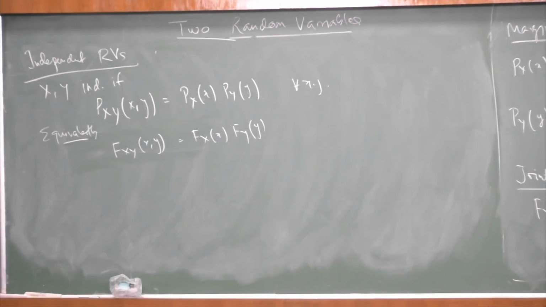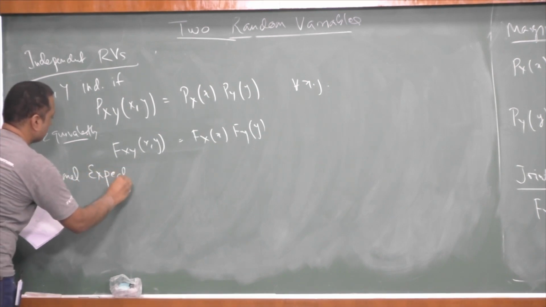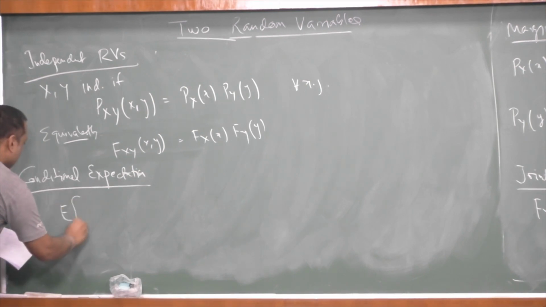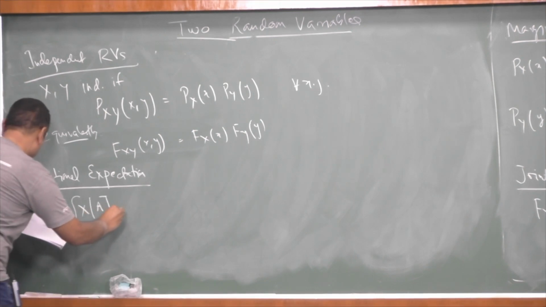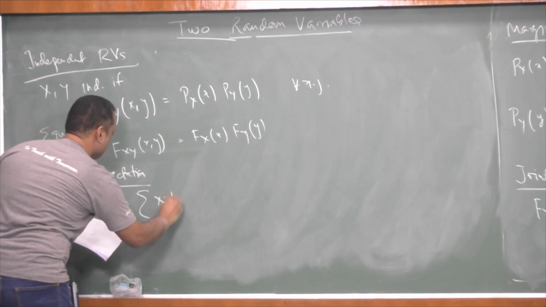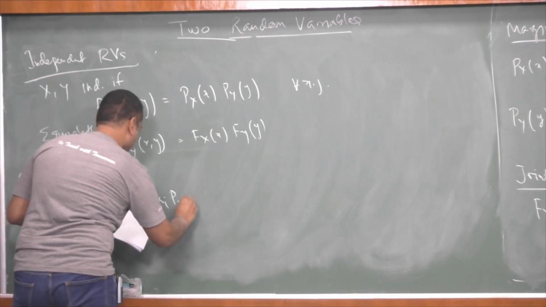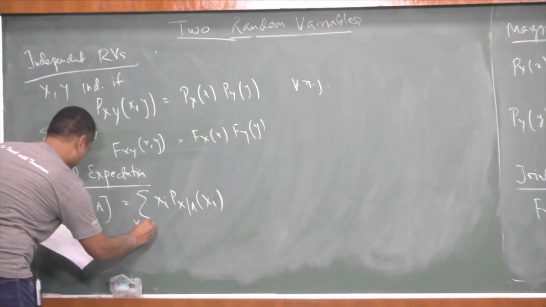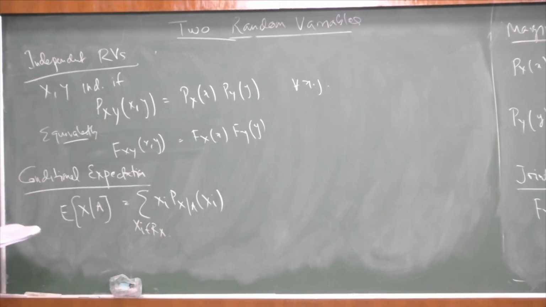Okay, so then we can define conditional expectation. Given some event A, the conditional expectation of x is the sum of xi times the probability of x given A at xi.